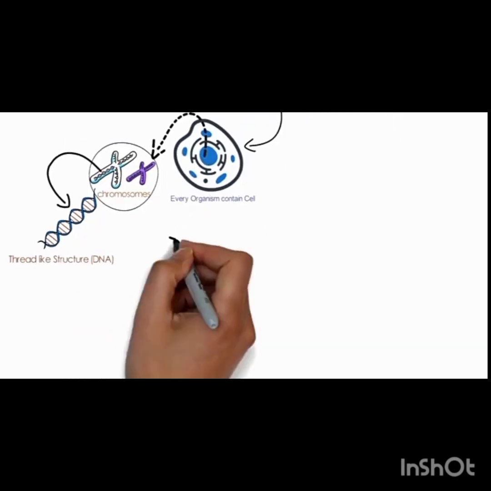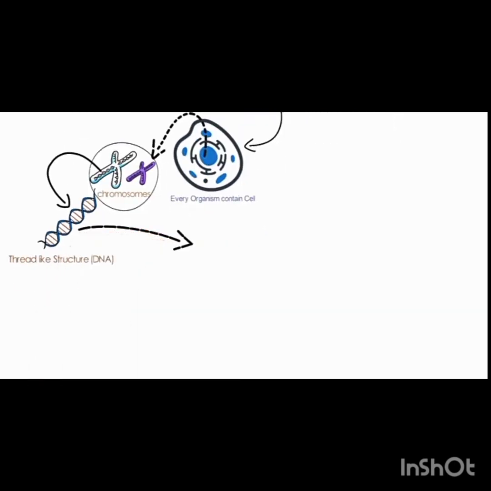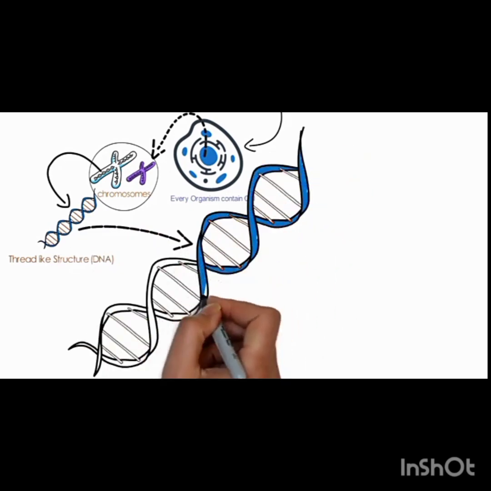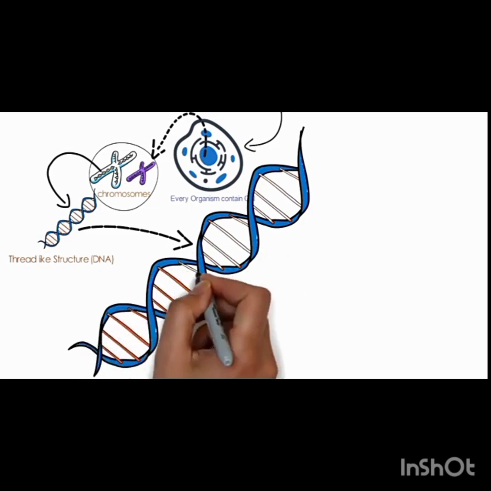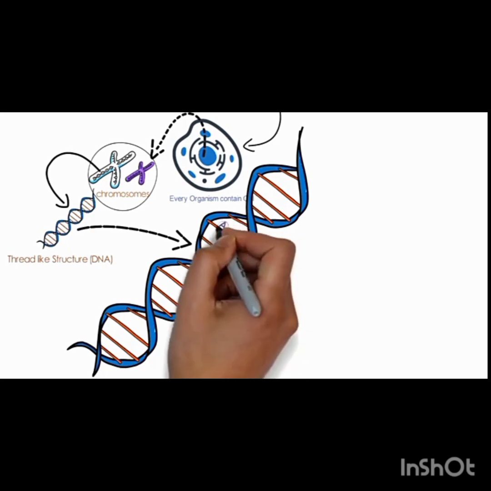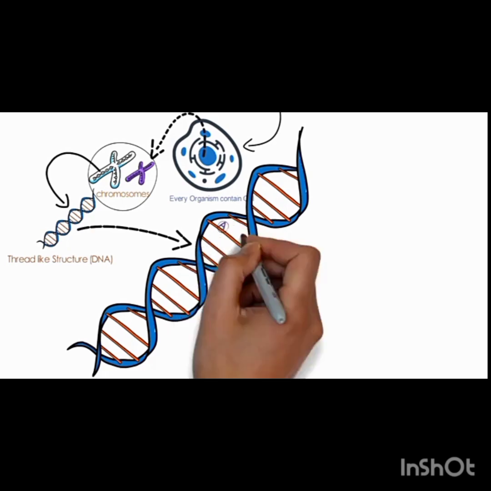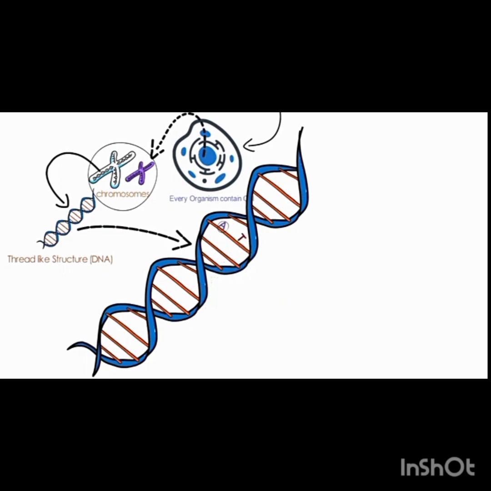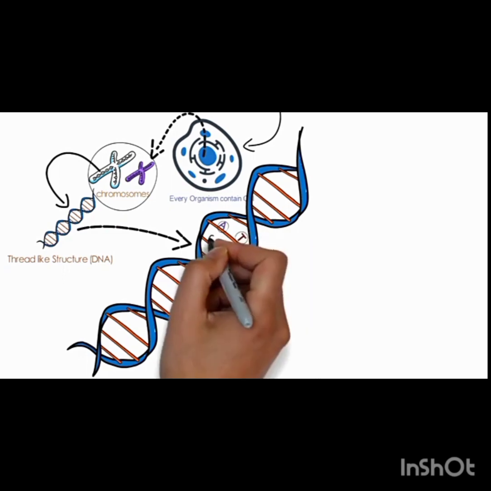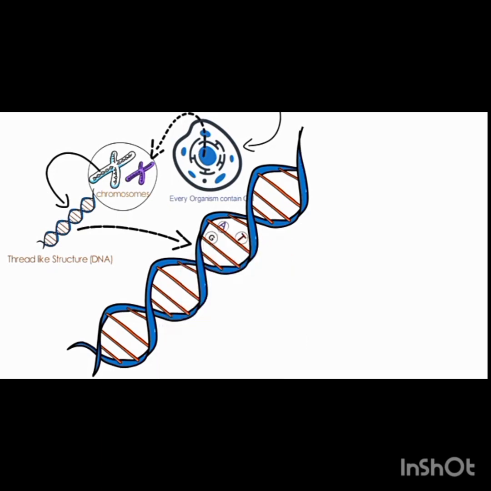If we see this DNA in a large picture, it has four chemical bases in which the information of the human being or any living creature is stored. The first one is adenine. Adenine ties up with thymine, and the guanine has a chemical bond with cytosine.